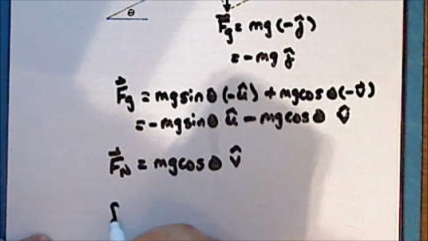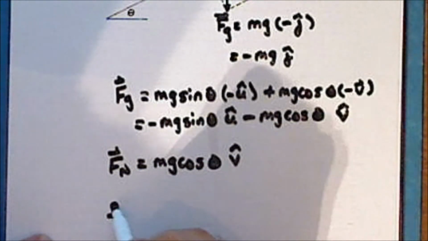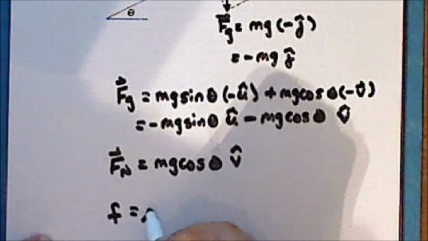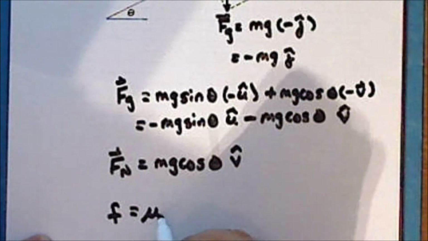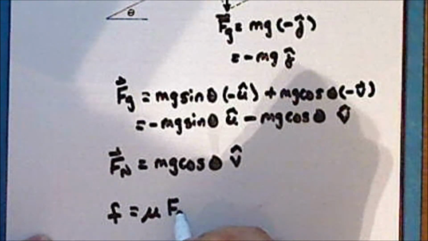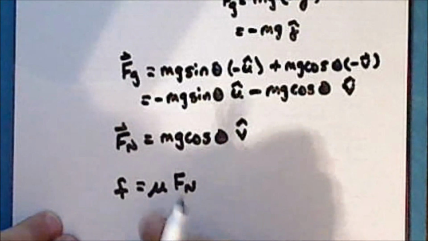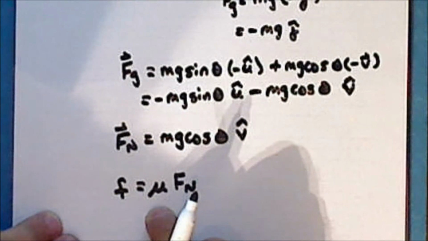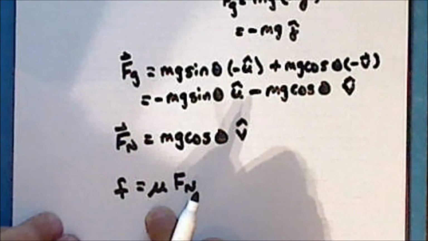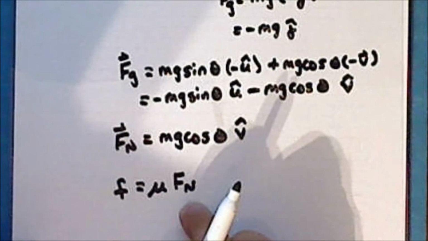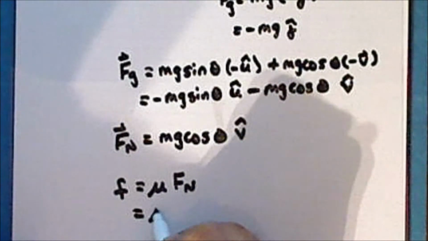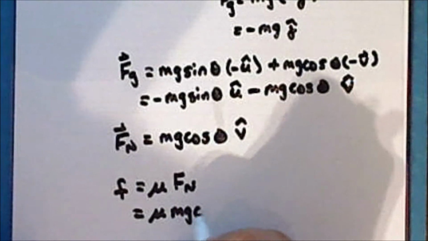The magnitude of the force of friction, which I'll denote with a lowercase letter f, is a constant mu times the magnitude of the normal force, where mu is called the coefficient of friction and is a number greater than 0 but less than 1. The magnitude of the normal force is mg cosine theta, and so the magnitude of the force of friction is mu times mg cosine theta.